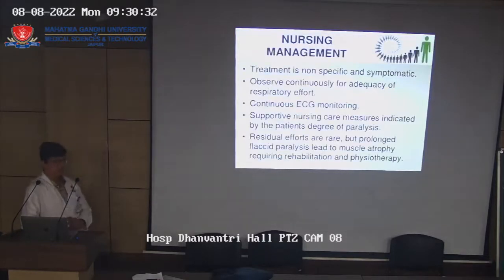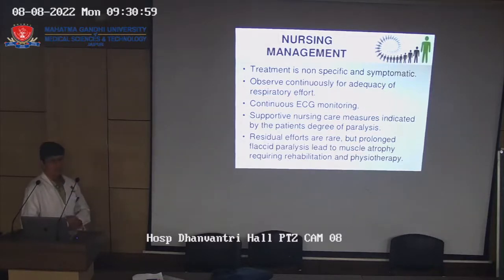Apart from this definitive management, there is a certain role of nursing management also. Here the treatment is non-specific and symptomatic. You should observe the patient continuously for respiration, because these patients may need mechanical ventilation at any time due to involvement of respiratory muscles. So a continuous watch on the patient is very necessary. If the respiration is poor, you should put the patient on mechanical ventilation.